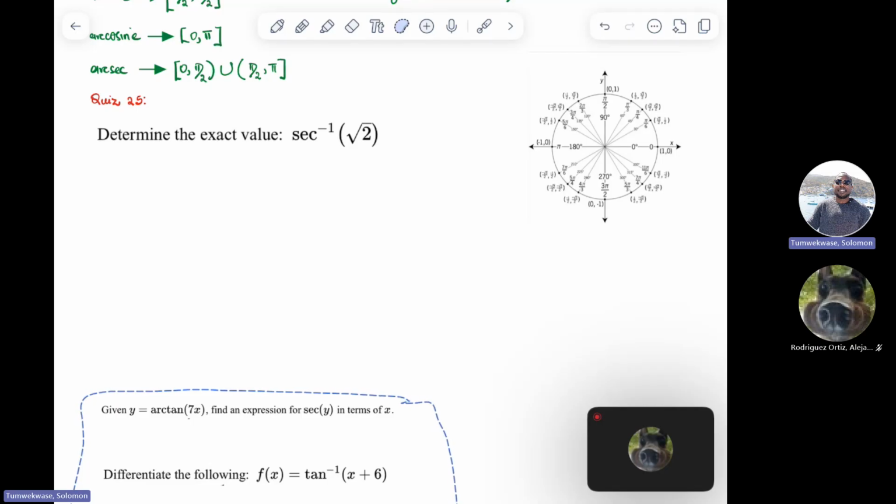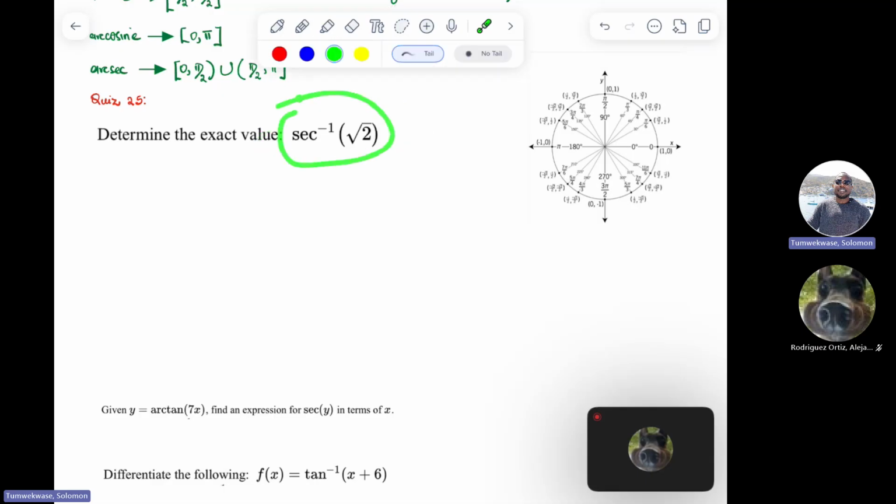Okay, so we are going to have questions like this where you're asked to determine the exact value. One thing I have to say is that you have to know the domains and the ranges of the inverse trigonometric functions, and you can refer to the notes.